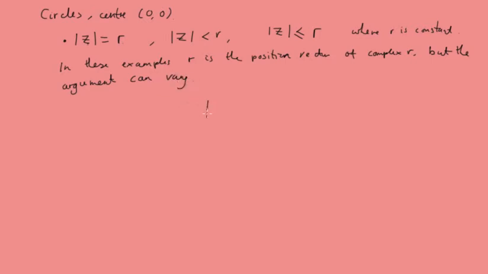So if you think about it, here's our Argand diagram, real z, imaginary z, then we have this vector r, and it can go anywhere in this circle. That is a terrible circle. Let's try and draw that a bit better.